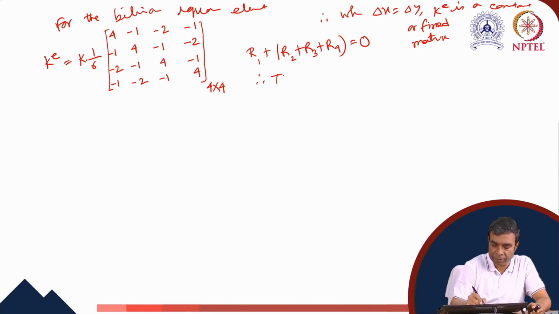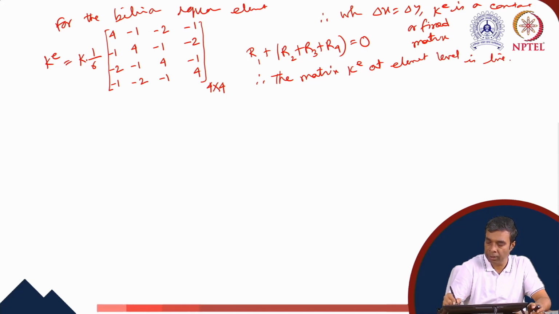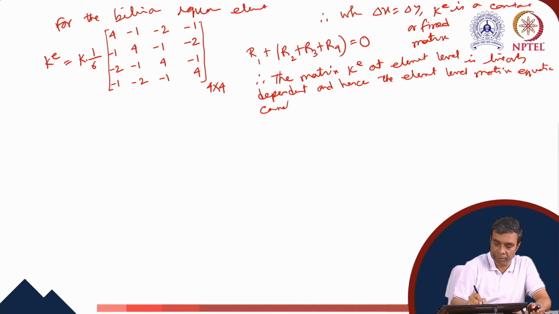Therefore, the matrix Ke at element level is linearly dependent, and hence the element level matrix equation cannot be solved at element level itself.